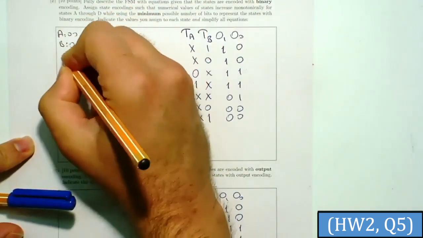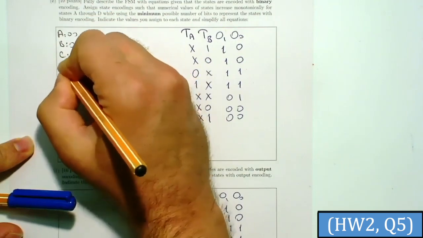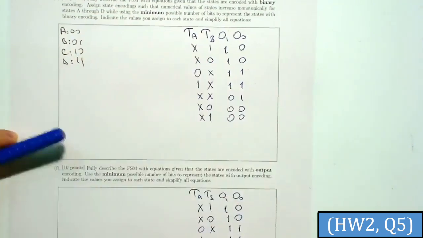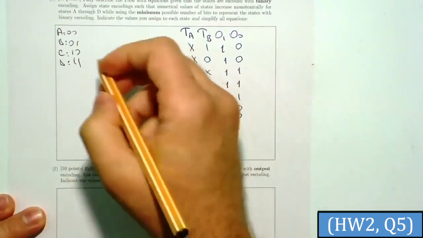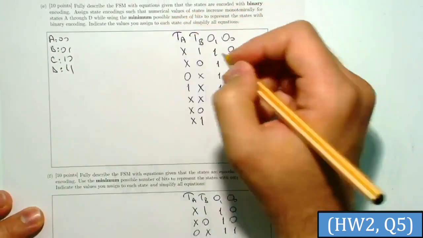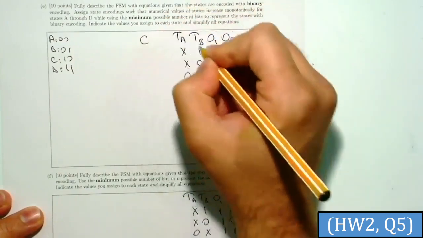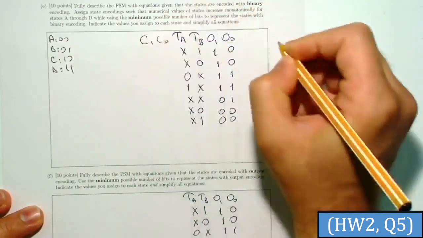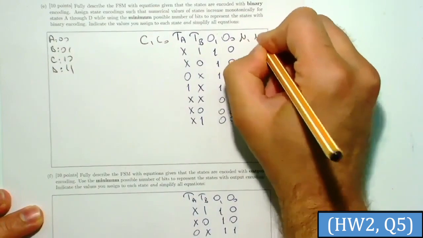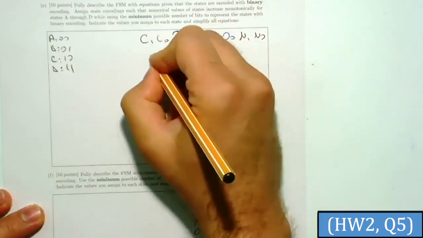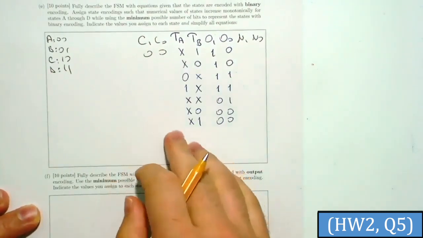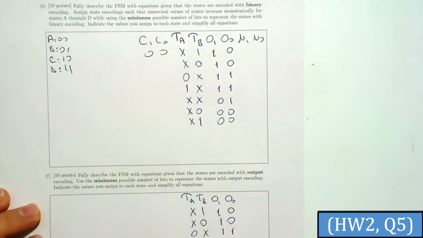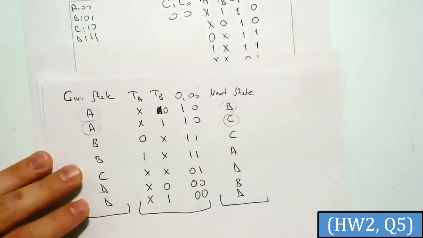It doesn't really matter, but make sure that you use the minimum number of bits to represent the states. It's the same thing I did in the previous question, but this time we have only 2 bits. Let me follow that one again.